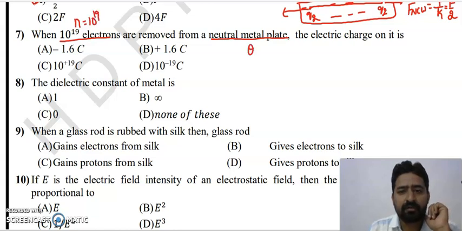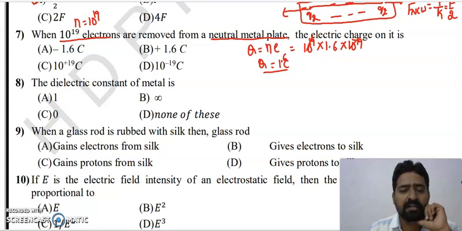We know the formula: Q is equal to N into E. N is 10 to the power of 19. What is the E value? 1.6 into 10 to the power of minus 19. So plus 19 and minus 19 get cancelled. So the charge is 1.6 coulomb.